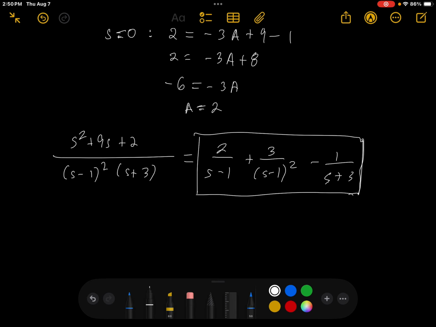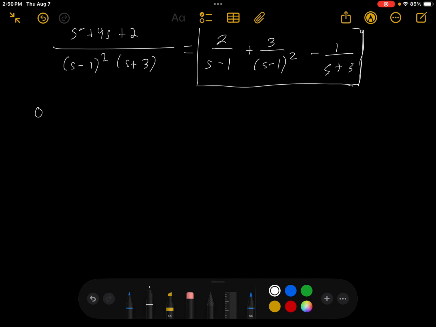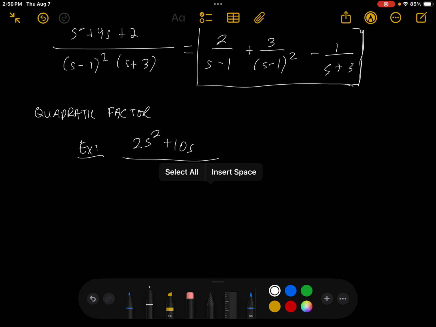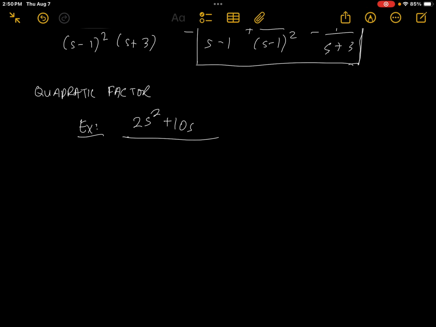Now let's look at an example where you have a quadratic factor. So, for instance, let's say you had 2s squared plus 10s over s squared minus 2s plus 5 times s plus 1.